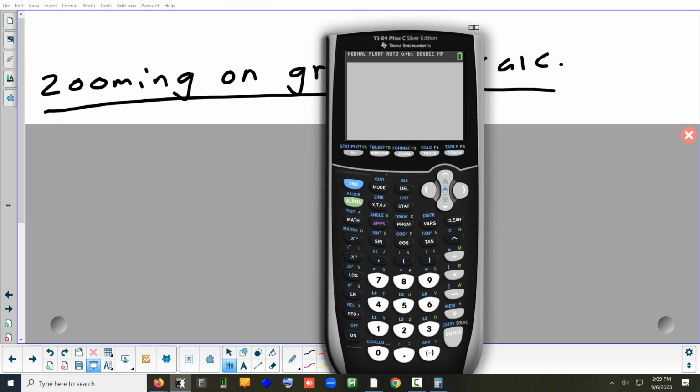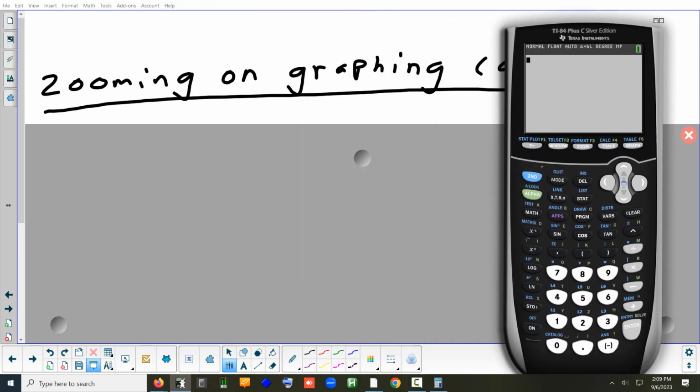All right, so first thing you want to do is go ahead and turn your calculator on. And once it's on, if you're at a screen that's not the main screen, you can press the blue button, which is second, and then you can press mode, which is quit.